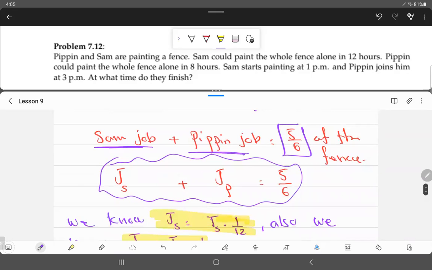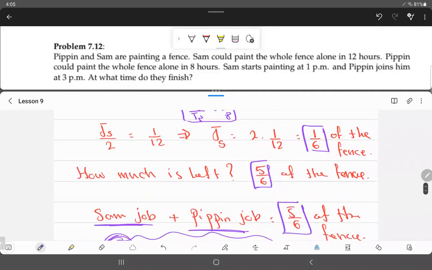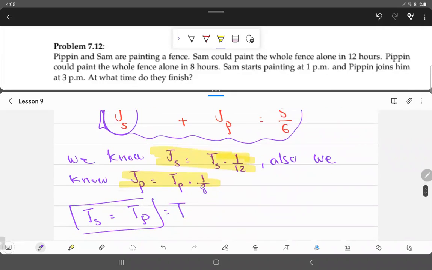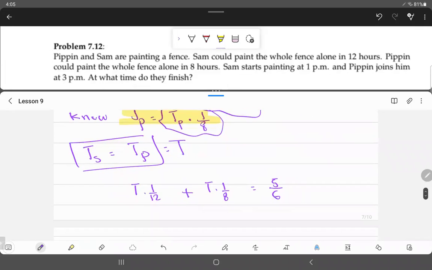JS plus JP equals 5 over 6. JS is the time times 1 over 12, and this is time times 1 over 8, because they have to finish at the same time, so these are equal.